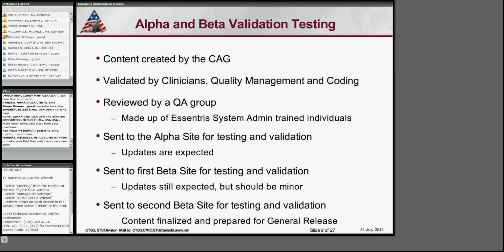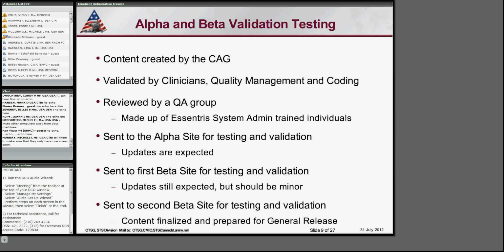Also with MedSurg, and we may see it happen with some other groups, we are going to add a third beta site, and the reason for that is because the content finalization didn't happen the way we had hoped it would. Essentially, we have provider notes and nursing notes. The nursing notes are not finished yet, so because of that, we are at our second beta site for MedSurg, but we need to make sure the provider and the nursing notes are deployed together.